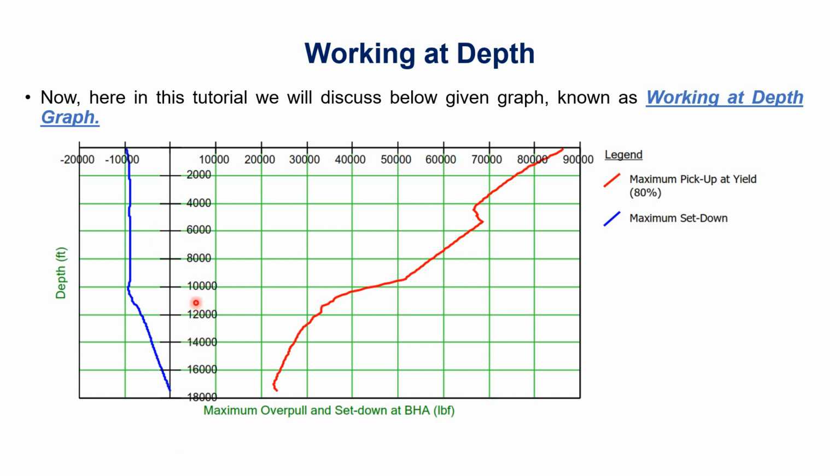Just like the reaching depth graph, this is also a dynamic graph that gives us the limits of overpull and slack off at each depth. When we are at surface, our maximum overpull limit will be approximately 86,000, and our slack off limit will be like 10,000. We'll see the exact number.